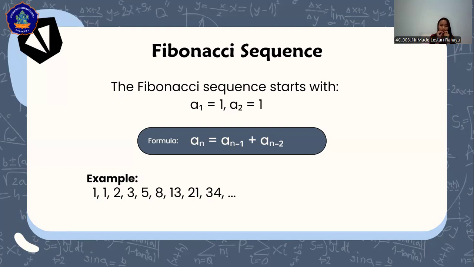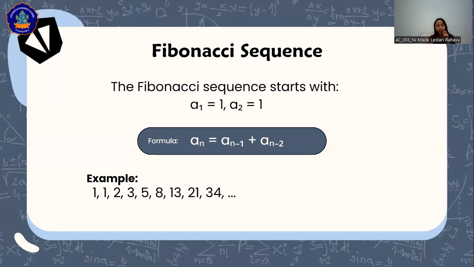For example, you have 1, 1, 2, 3, 5, 8, 13. Each term is the sum of the two previous terms. So this is a Fibonacci sequence.